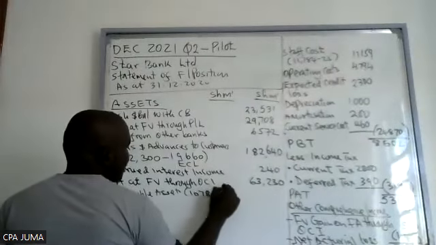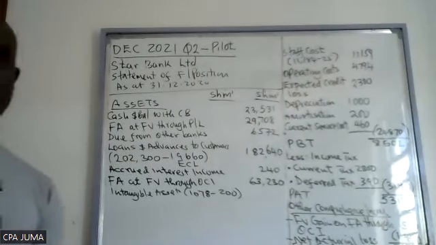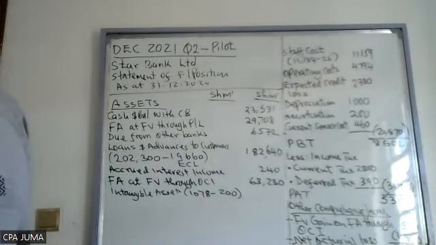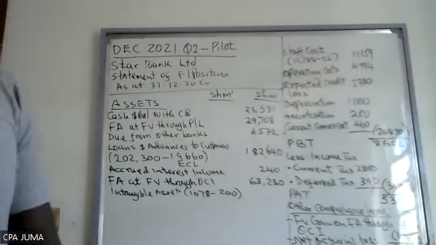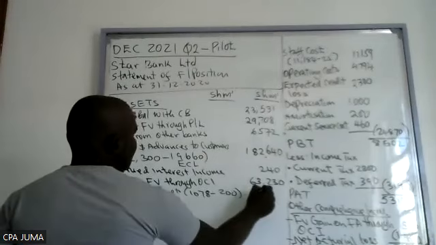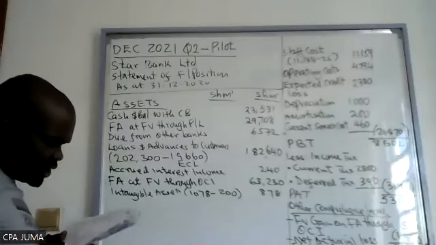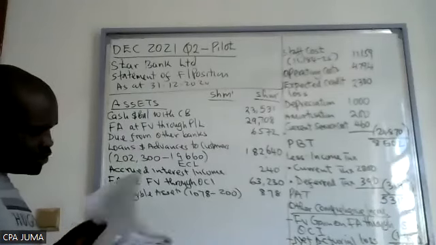So 1078 minus 200, you're likely to get how much? 878. Students, is there anything maybe we have left?